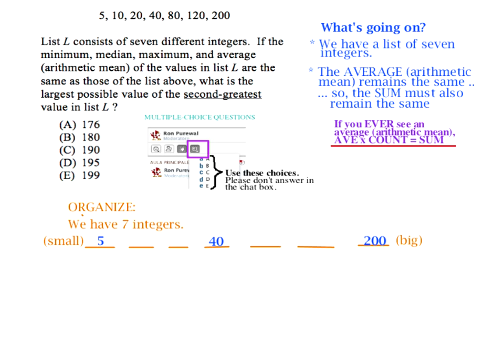So in this case, there are 7 things in both lists, so the sum is going to be whatever that average is times 7 in both instances. That means the same sum.